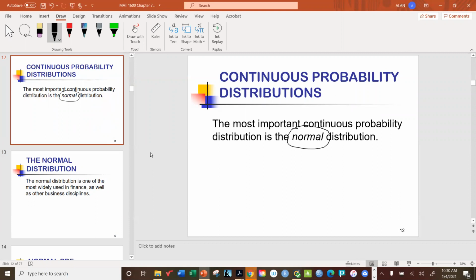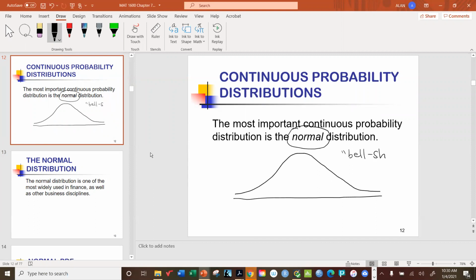Instead, we have a curve. So I'm going to draw a picture of what this distribution looks like, and you may realize that you've seen it before. It looks something like this, and is often referred to as a bell-shaped curve.